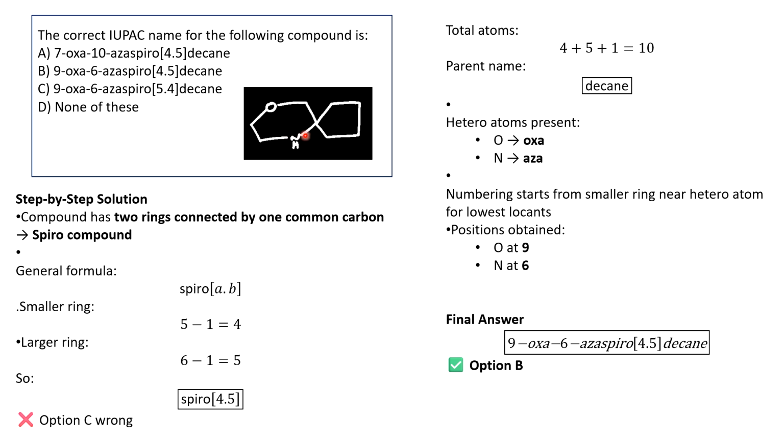Now numbering starts from the smaller ring and near the heteroatom to get the lowest numbering. After numbering, we start from here: 1, 2, 3, 4, then 5, 6, 7, 8, and this one is 9. So the final IUPAC name becomes 9-oxa-6-azaspiro[4.5]decane. Therefore the correct answer is option B.